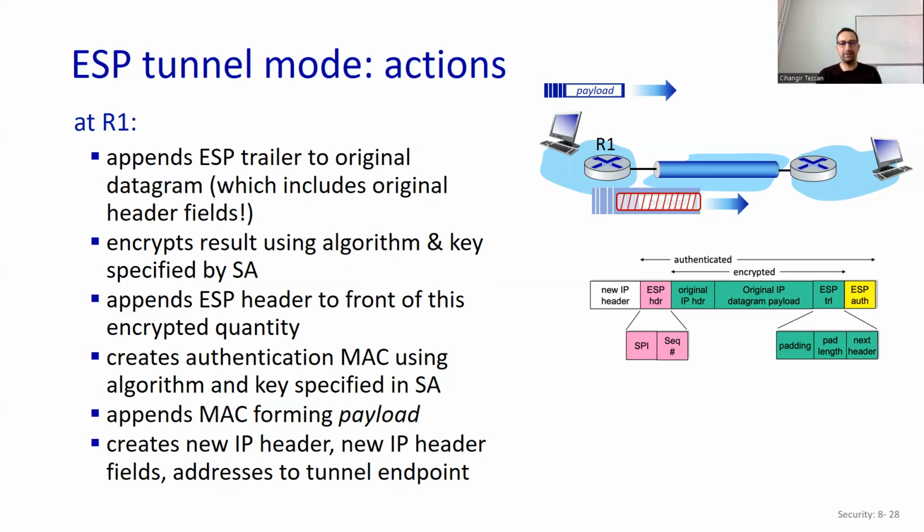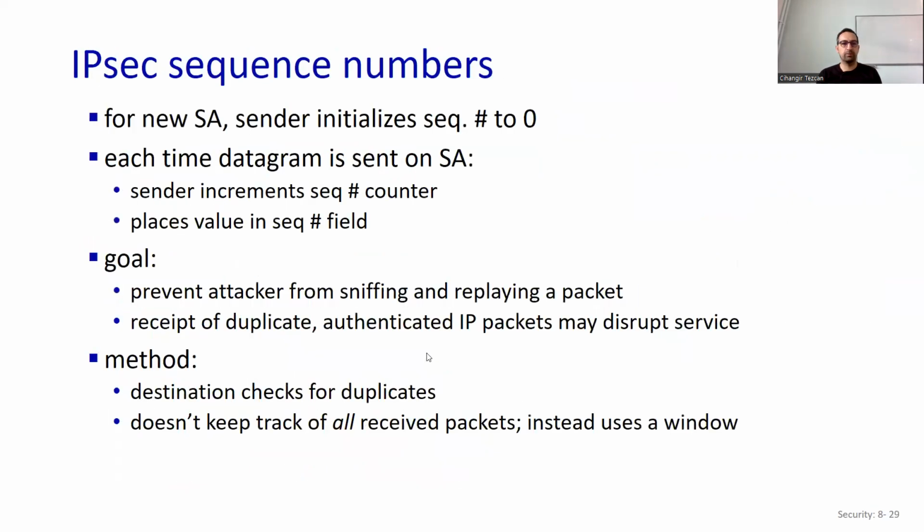Mostly used algorithm, AES here again. It appends the ESP header to the front of this encrypted quantity. It creates an authentication MAC using the algorithm and key specified in the SA and appends the MAC, forming the payload. So this is the MAC, by the way. It creates new IP header fields addressed to the tunnel endpoint. Because now you are sending to this part, your IP address is mapped to here, right? There it will be decrypted and then sent to the destination.